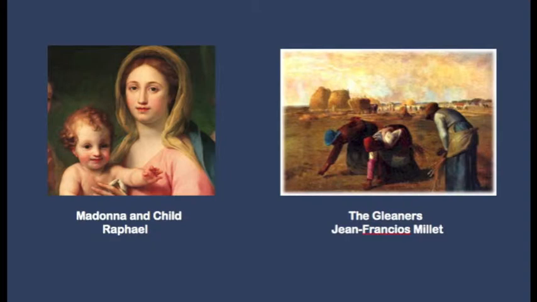I would even add that both of these paintings are about a mother and the love she has for her family. Mary is shown holding her baby Jesus close, and the Gleaners, although peasants, are hard at work gathering food for their family. That is motherly love.